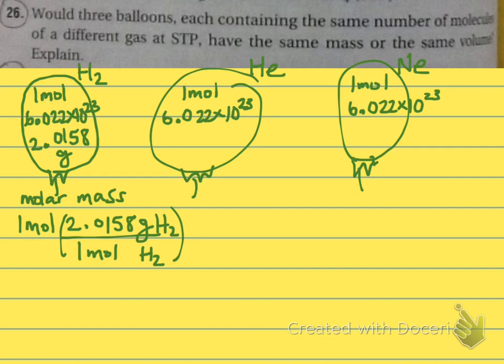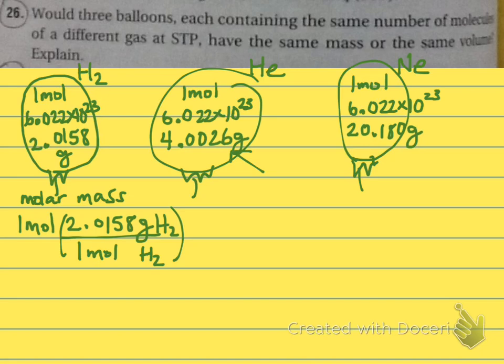Okay, and I'm going to do the same kind of thing for each of these. So for helium, it's just going to be 4.0026 grams. This is just 1 helium atom. And for neon, it's going to be 20.180 grams because there's just a single atom in there.